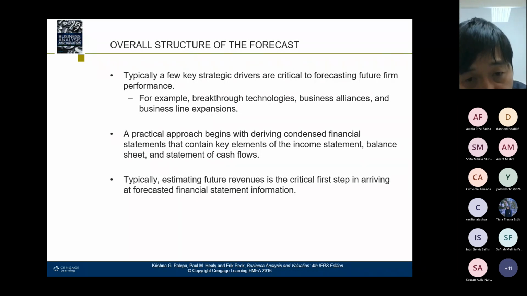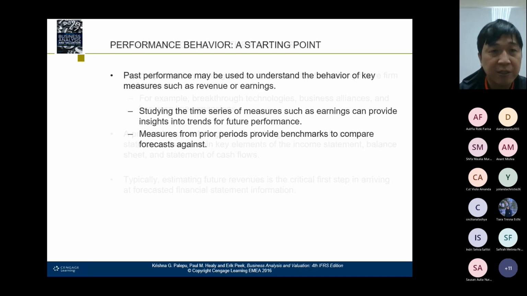The practical approach begins with deriving condensed financial statements. They contain key elements of income statement, balance sheets, and statement of cash flows. Typically, estimating future revenues is the critical first step in arriving at forecasted financial statement information.